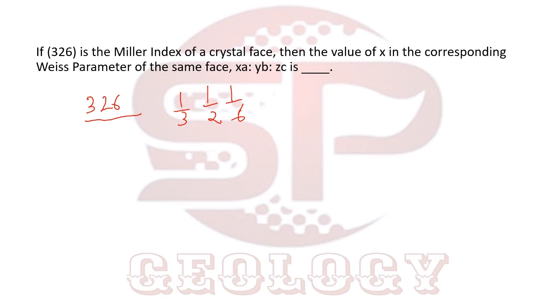So we can take the LCM 6, or we can multiply 6 in each fraction. 6 into 1 by 3, 6 into 1 by 2, 6 into 1 by 6. So it will be 2, 3, 1. So the X value will be 2.